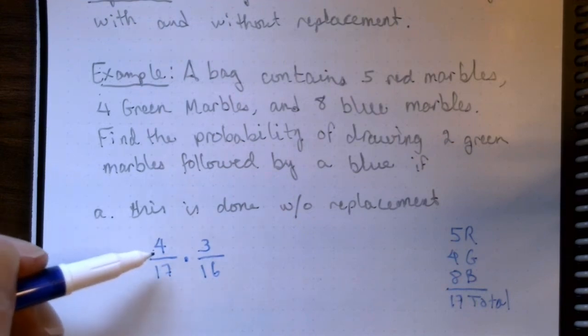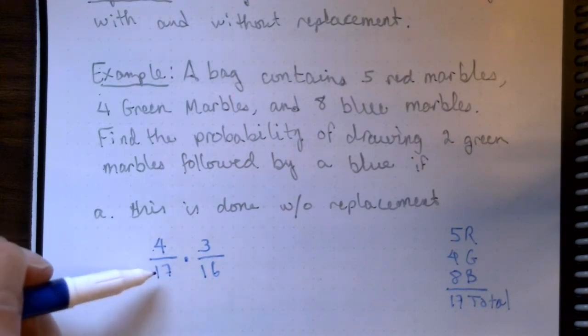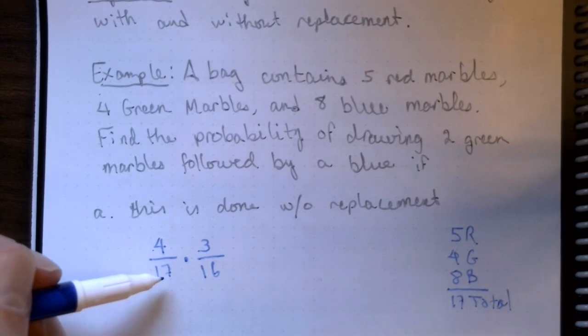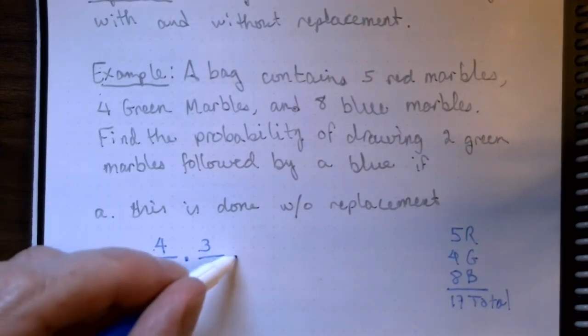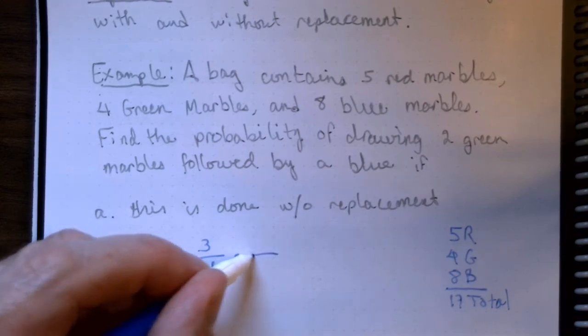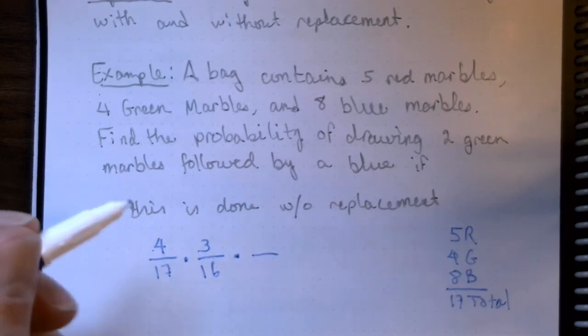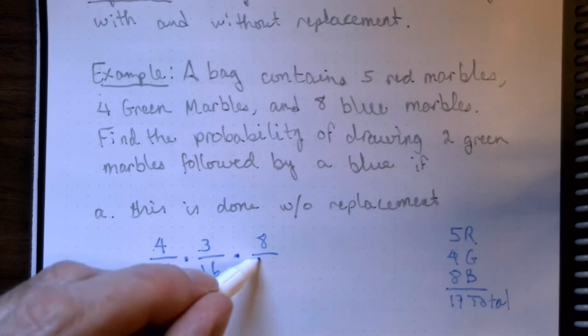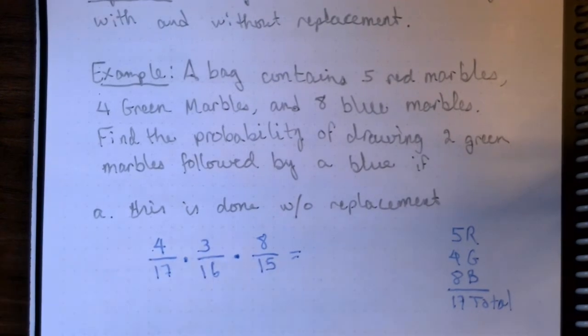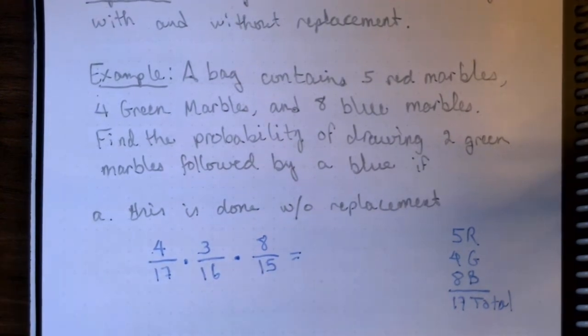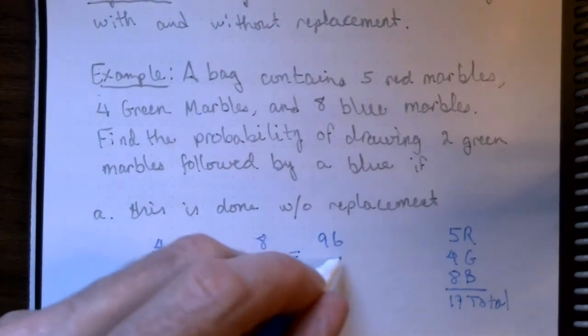So, first try, there are 4 greens out of 17 total. If we take one of the greens out, then there are 3 left out of 16. And now the next one we want is a blue. Okay, now there are 8 blue, but this is the third draw, so there are only going to be 15 marbles left. Okay, we can multiply across. 4 times 3 times 8 for the numerator gives me 96 on top.